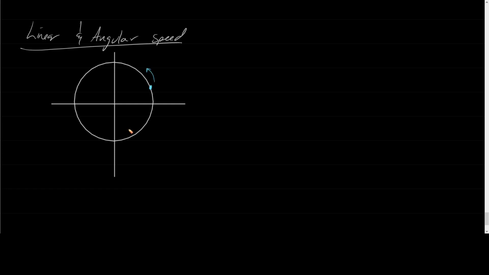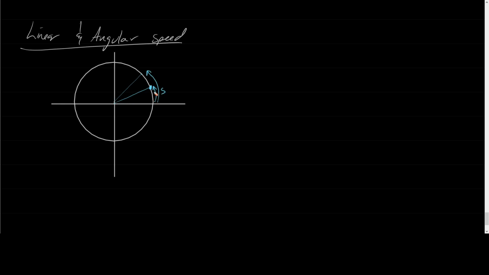Now, there's two things changing here: how fast we're moving along the circle, but also how fast the angle is changing as we're moving there. For linear speed, we've got this arc here. At some other point, the arc has gone all the way there.